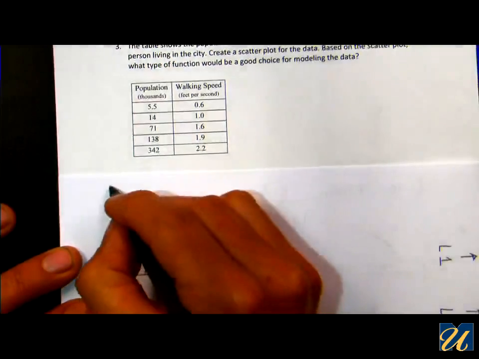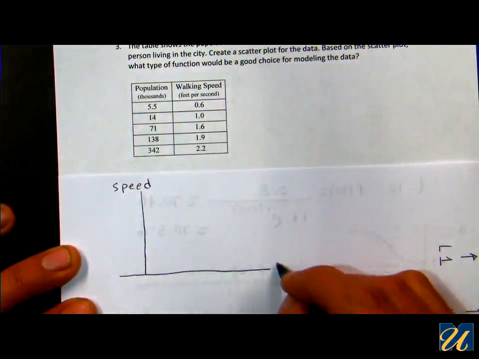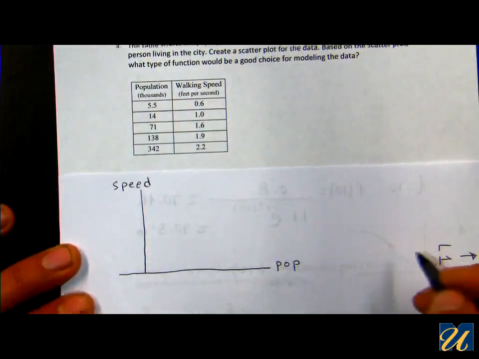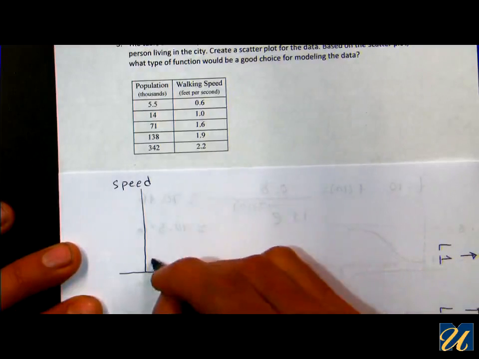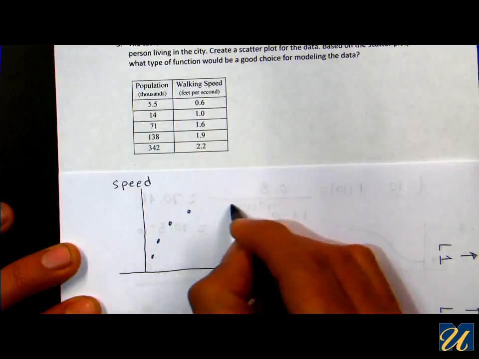And what we found, we got the walking speed here as a function of the population here. And we found that there's a rapid rise followed by a leveling off. So this is typical logarithmic in nature.